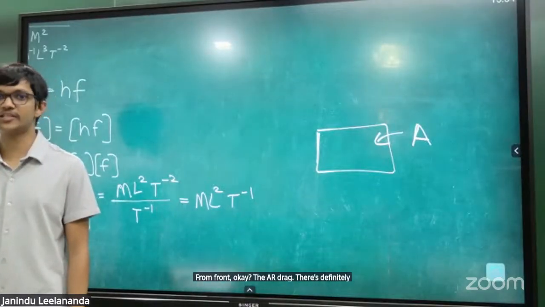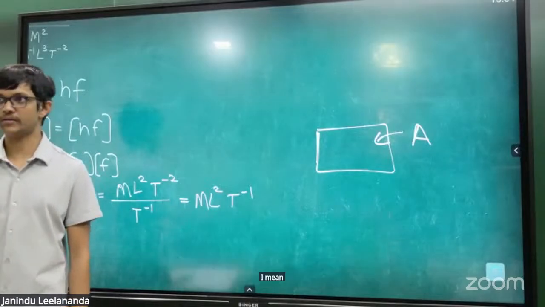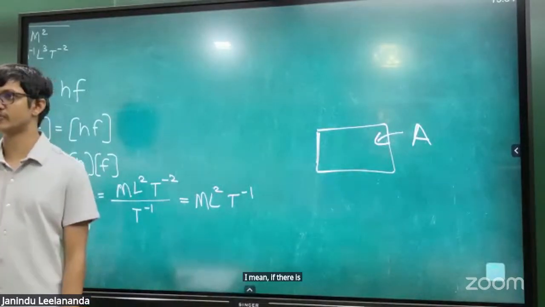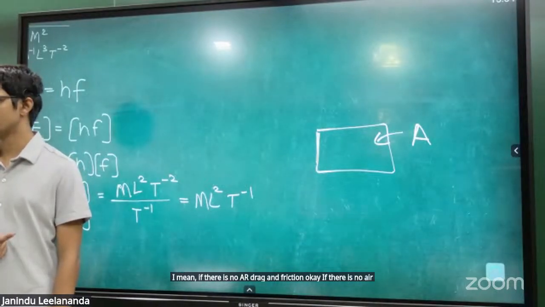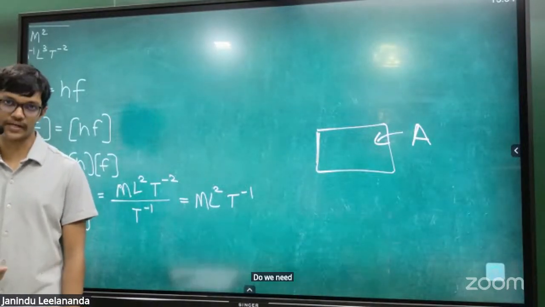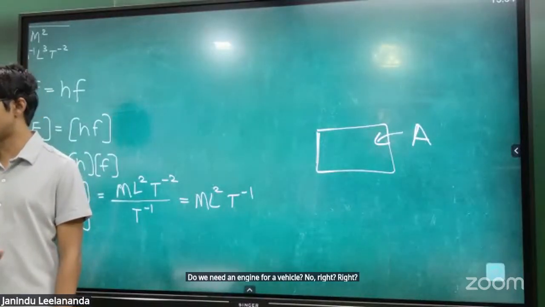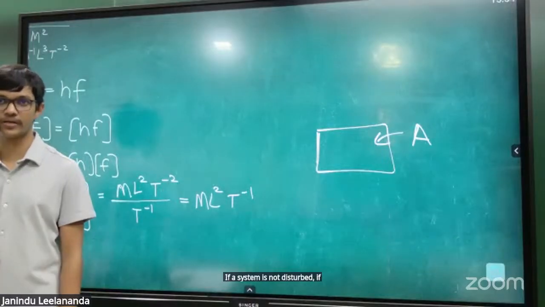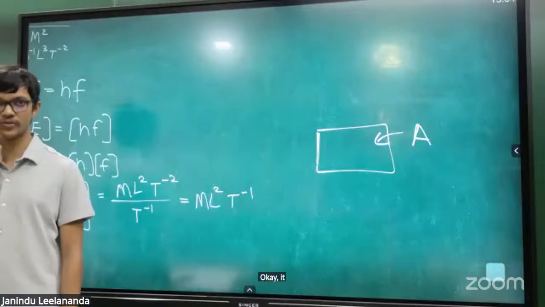A vehicle when it is moving definitely feels some air drag, right? If there is no air drag and friction, do we need an engine for a vehicle? No, right? Why? If there are no external unbalanced forces, a system will move forever. You don't need anything to move.